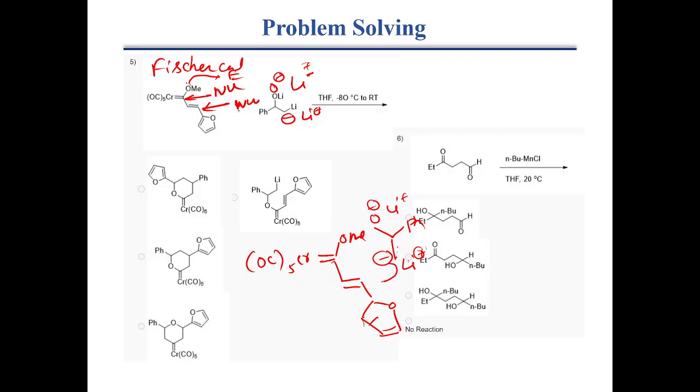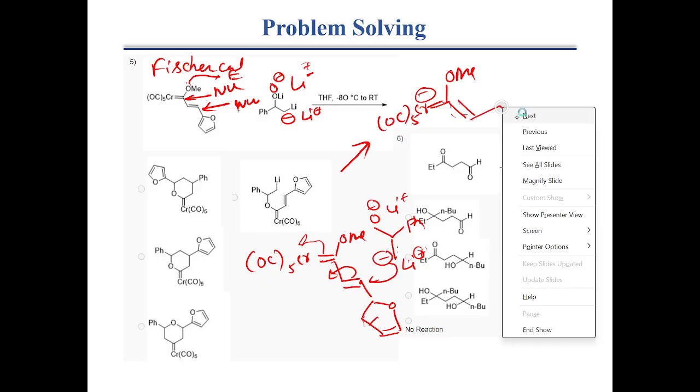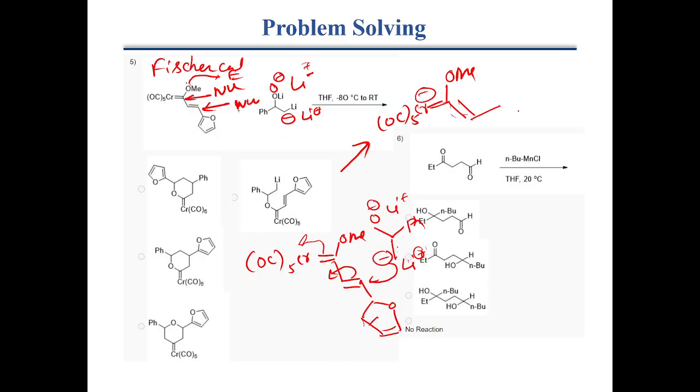So now it undergoes reaction this way. This is the nucleophilic position. Now what is happening in this case is that Cr(CO)5 double bond OMe undergoes resonance, giving Cr minus with the double bond, that is the furan.